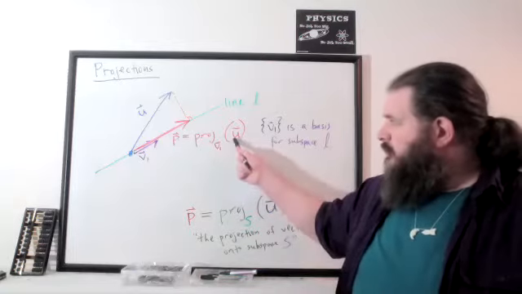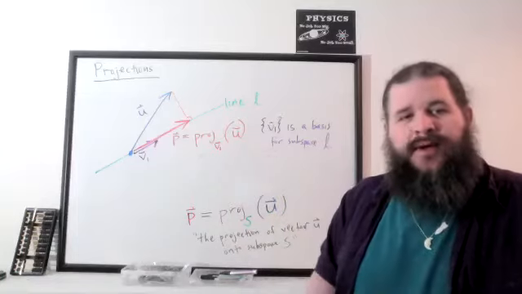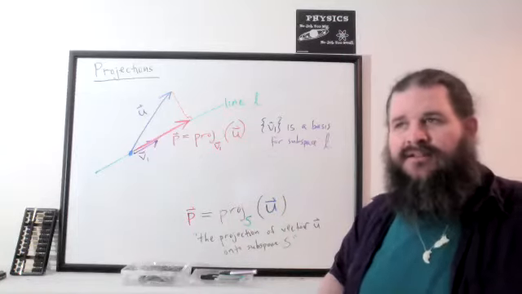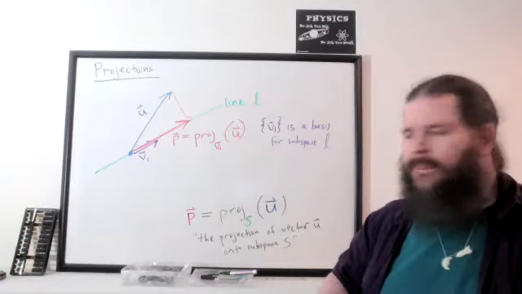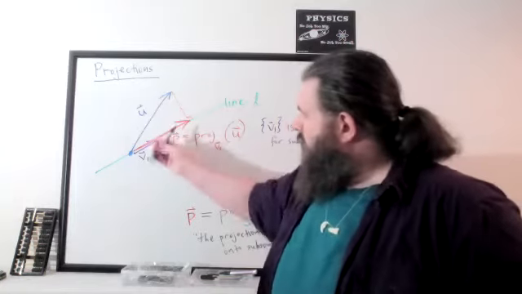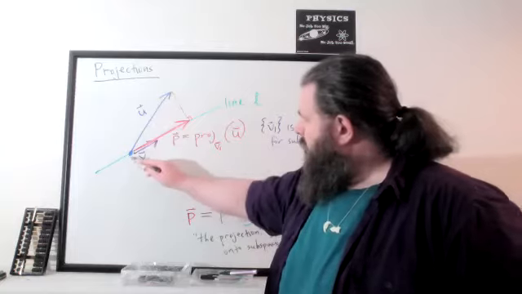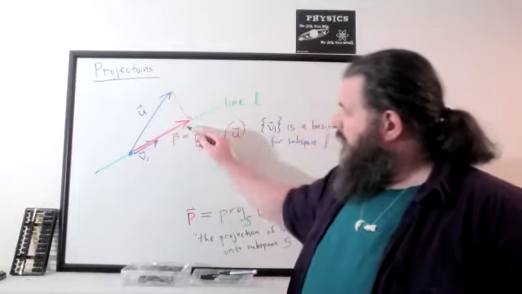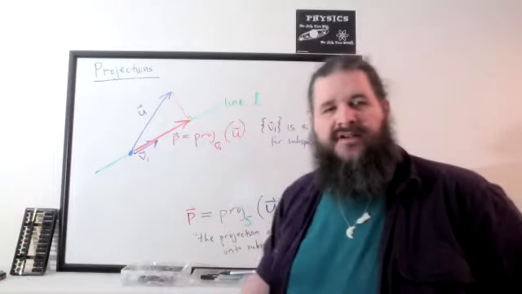So vector u is the input that we want to flatten onto this line. v1 is the direction that we're defining the line by. We want to flatten vector u onto the v1 direction. And notice that this forms a triangle. Geometrically, we've got this triangle where vector u is the hypotenuse, vector p, the result we want, is one of the sides. And then the other side is just this extra difference term.